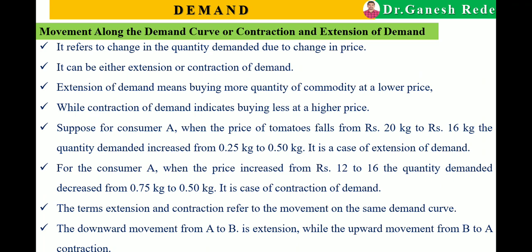Now, extension and contraction refer to the movement along the same demand curve. The downward movement from point A to B is the extension, while upward movement from point B to A is the contraction.